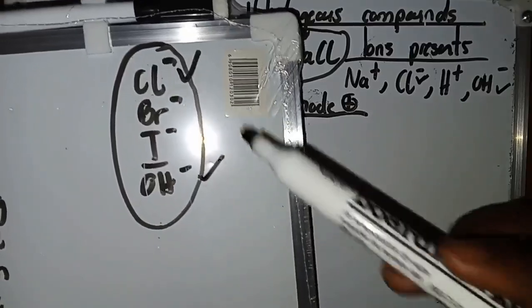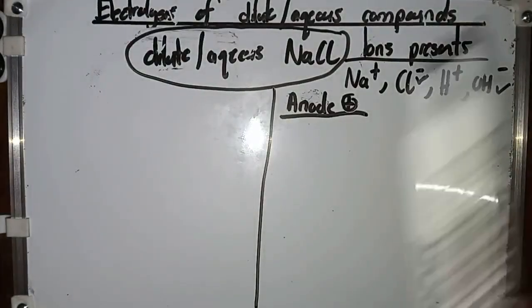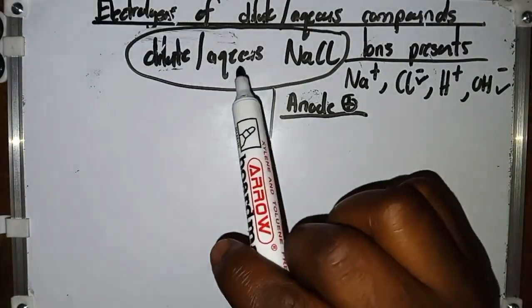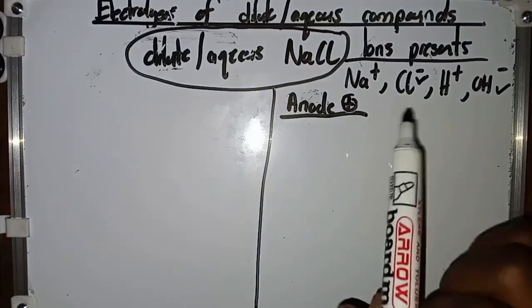Which one is the least reactive? The one which is lower, the OH minus, so the OH minus will be discharged first. For all dilute or aqueous compounds, the anodic equation is the same.